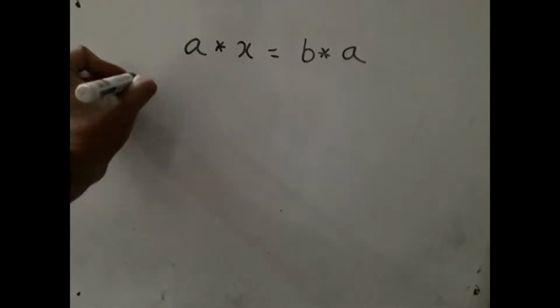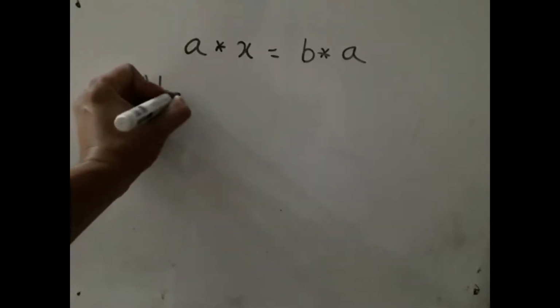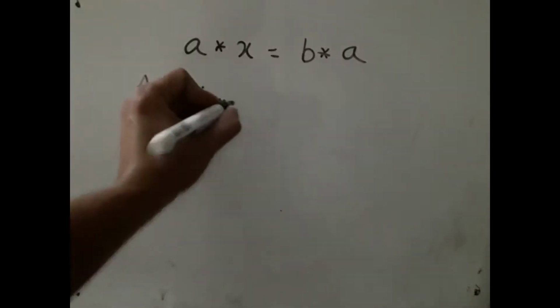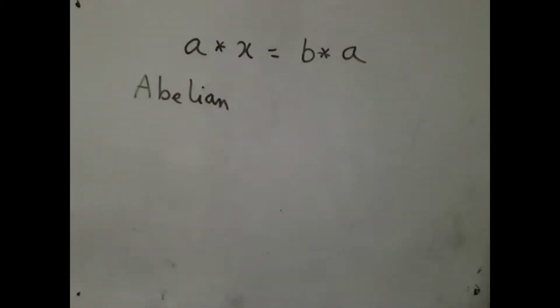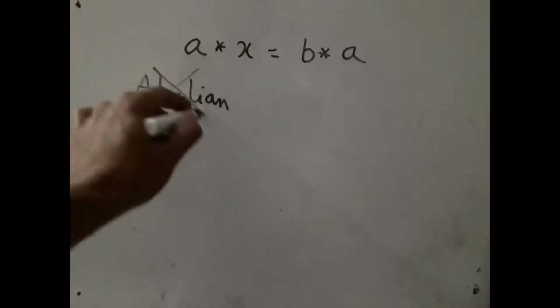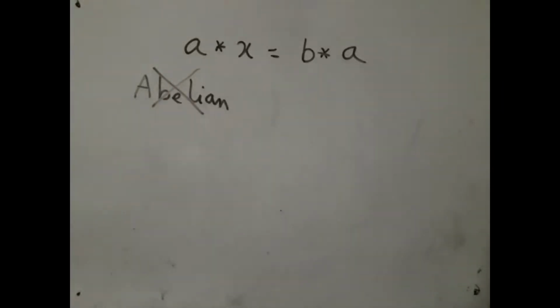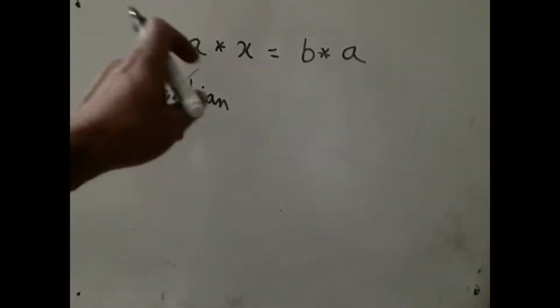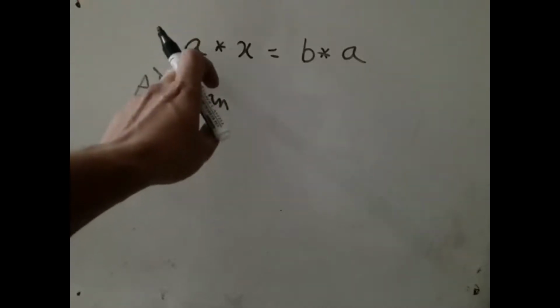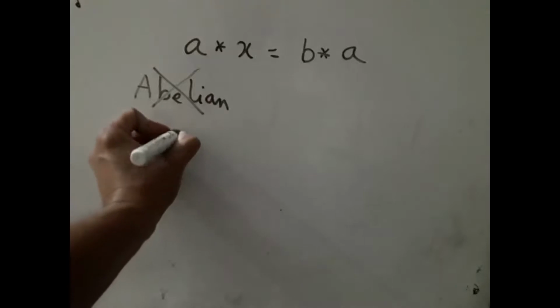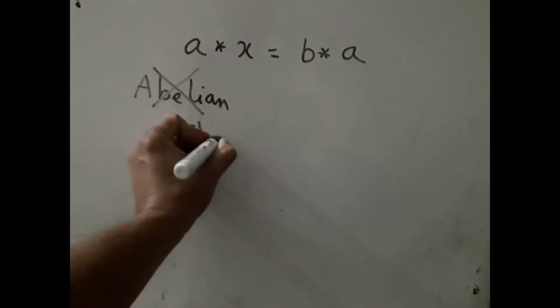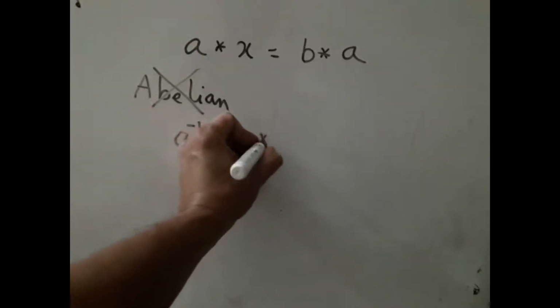If it is abelian, then of course I can do this, because then I can safely bring a to the left and cancel it off. However, if this is not given to me, still I can solve it. Same argument, I need to get rid of this a. So I will pre-multiply by a inverse and I will get a inverse star a star x.